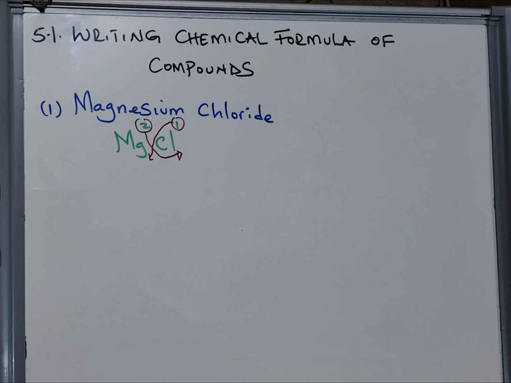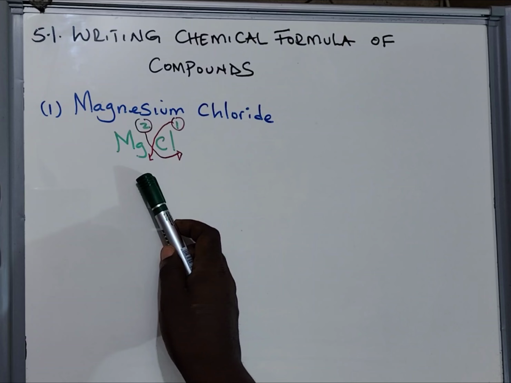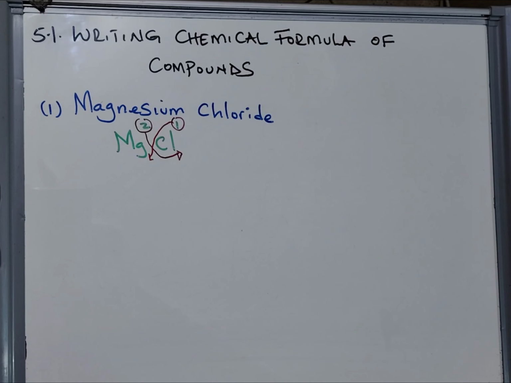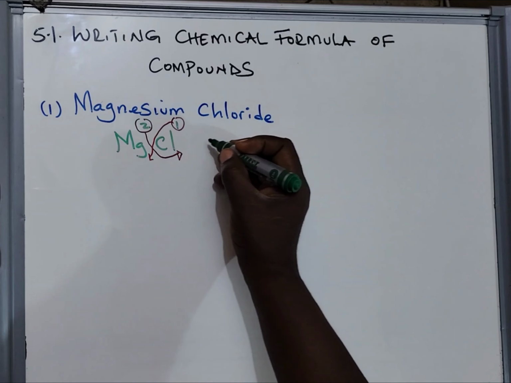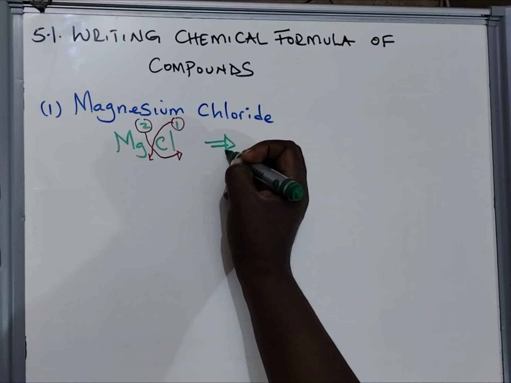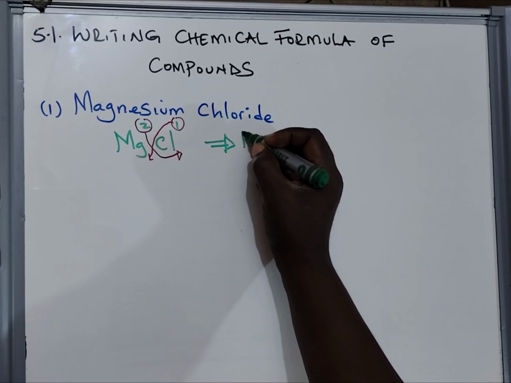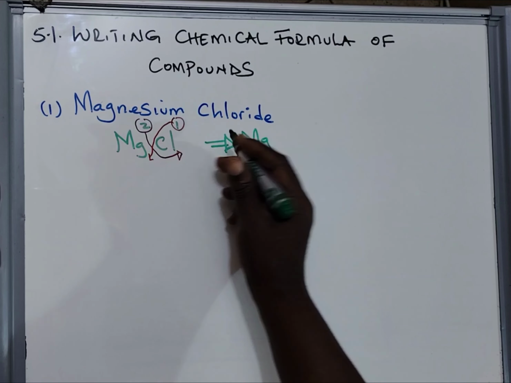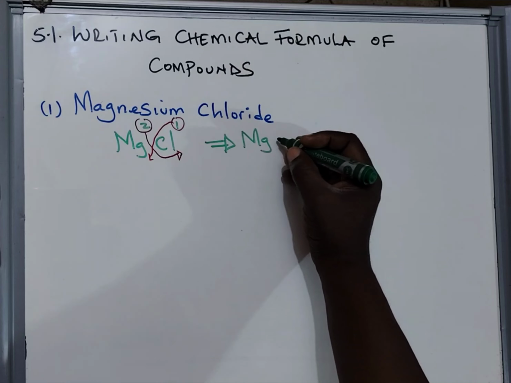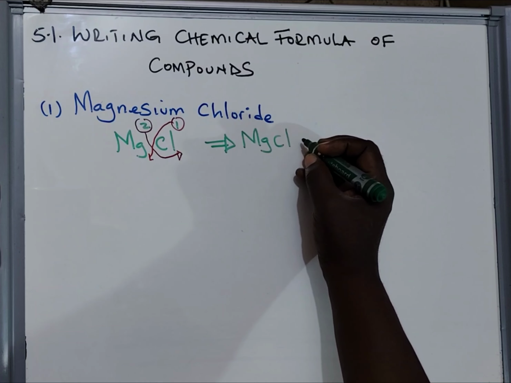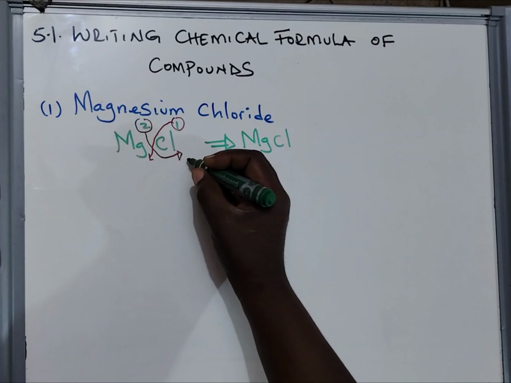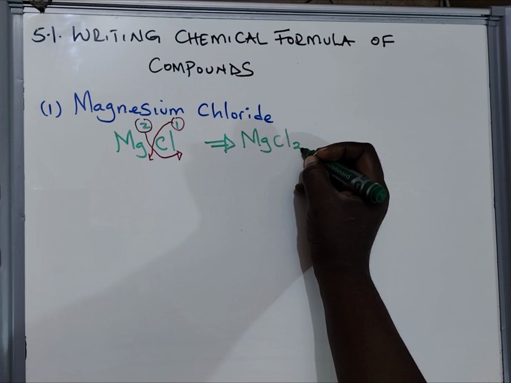But you have to know that if the subscript is 1, we do not write it. So this means that the compound you are going to get here is going to be magnesium. There is a 1 here, so we don't write it. So you say chloride, and the 2 has come there, so it's 2.